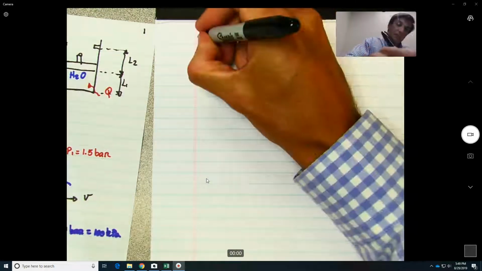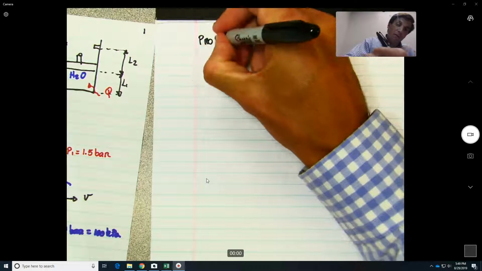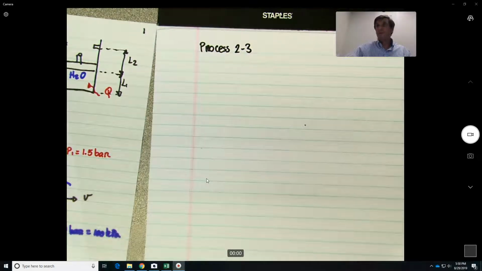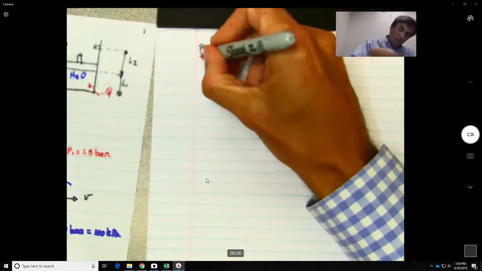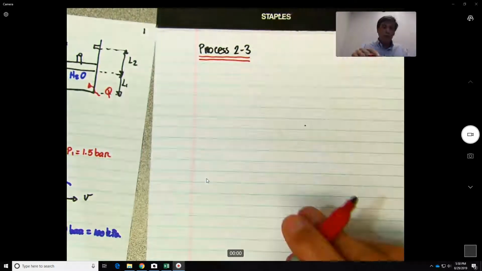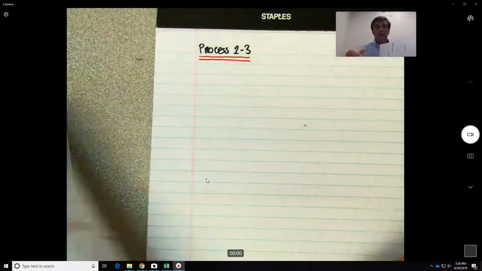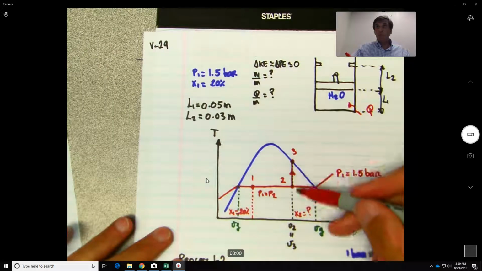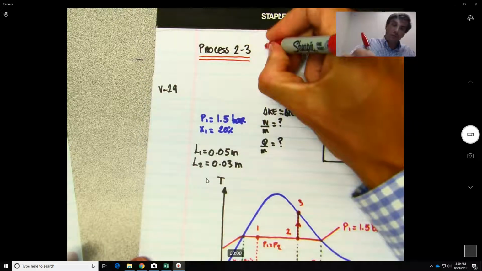So process 2, 3. Just by looking at the figure, what's important about this process is that we see right away that it's constant volume.